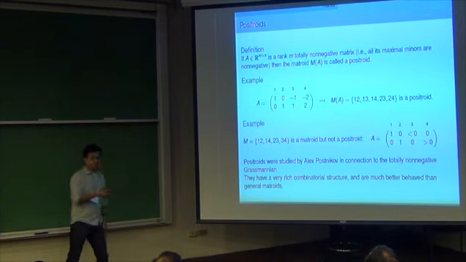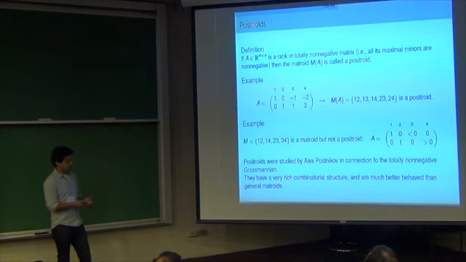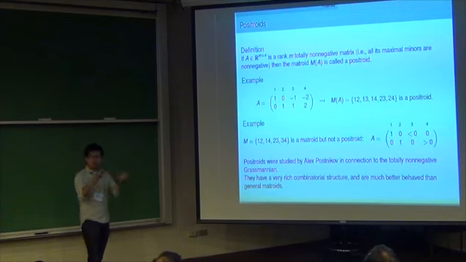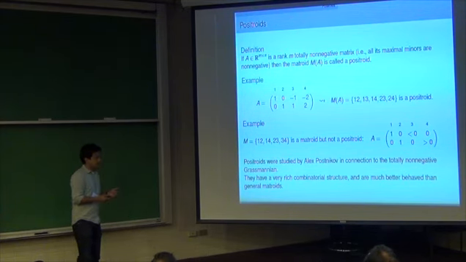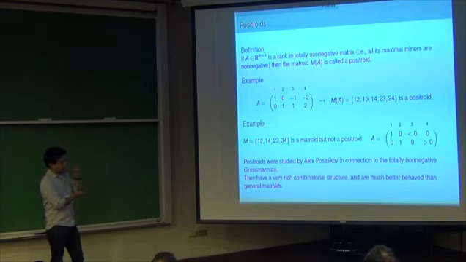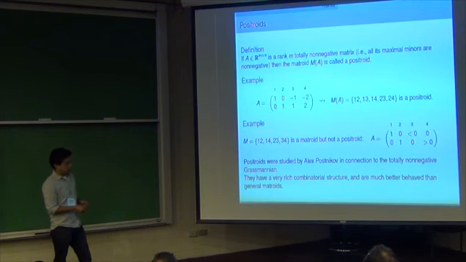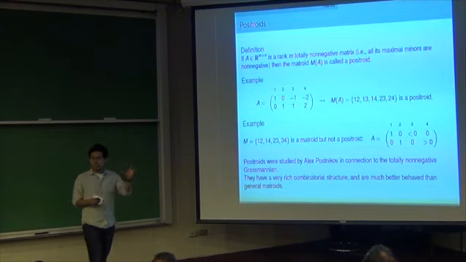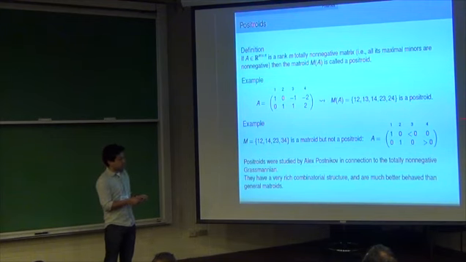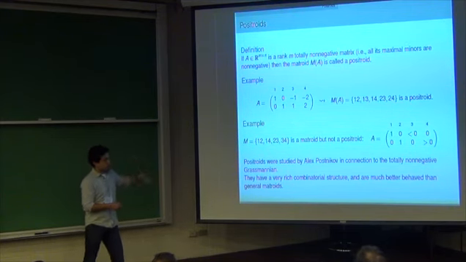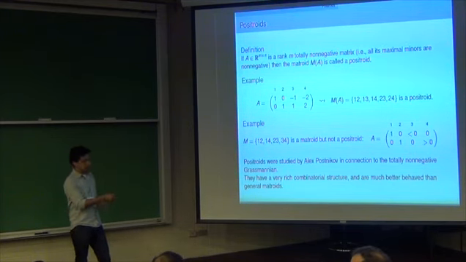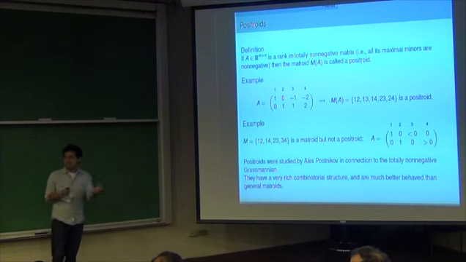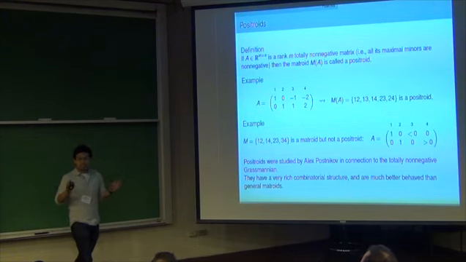And also, positroids are much better behaved than general matroids. So you should think of positroids as a small collection of matroids that are much better behaved than general matroids. One instance of this, for example, is that for general matroids, if you consider the realization spaces, the space of matrices modulo row operations that have the corresponding matroid, those varieties can be completely horrible.